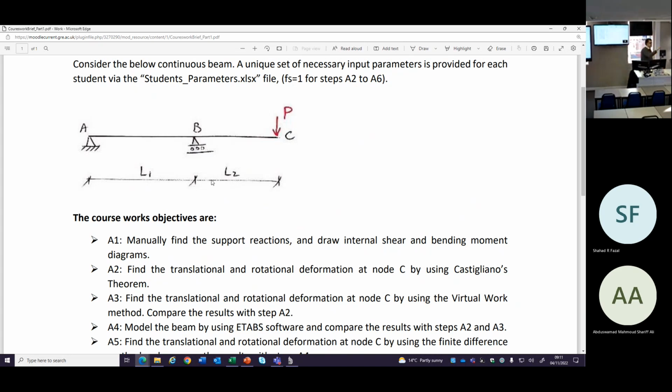So everyone will take their appropriate values of L1 and L2 from the Excel file. Although the shape is the same, the geometry is different for each individual.